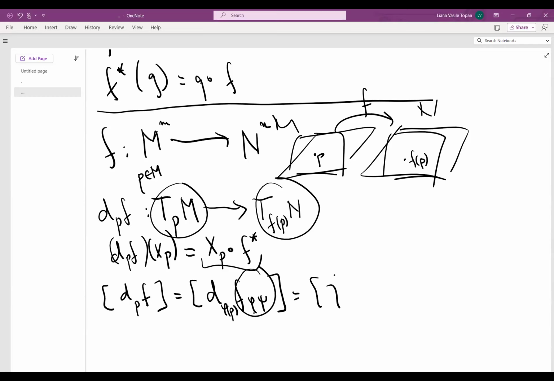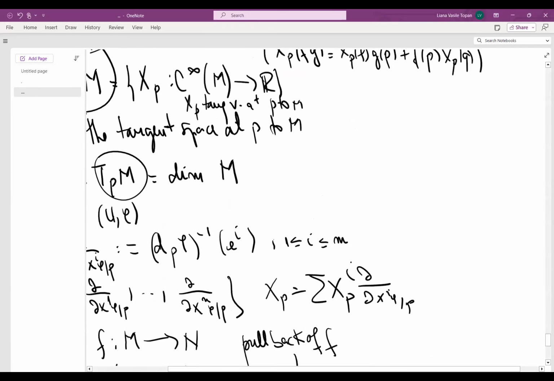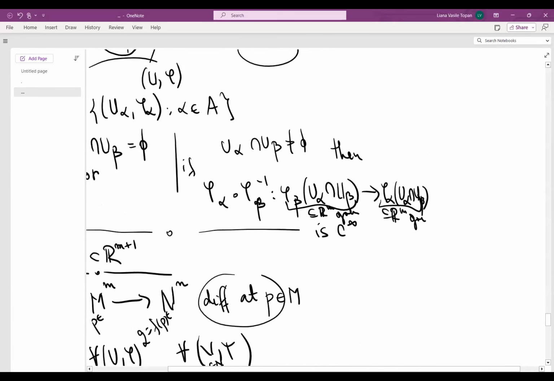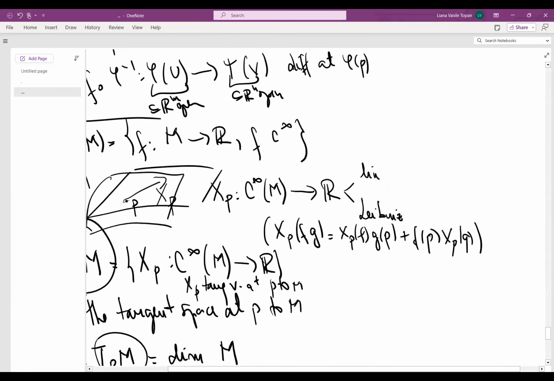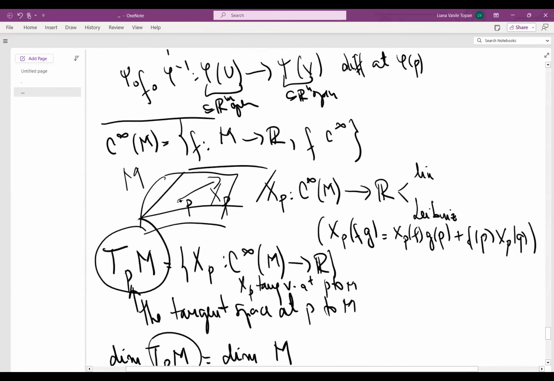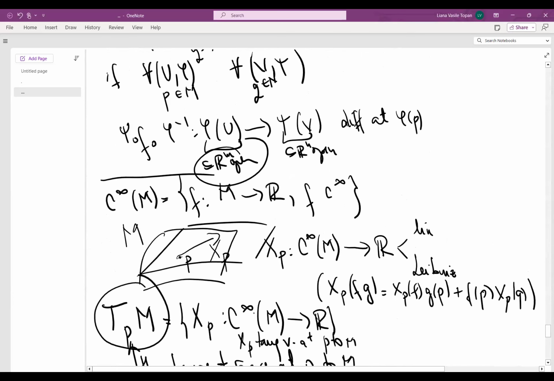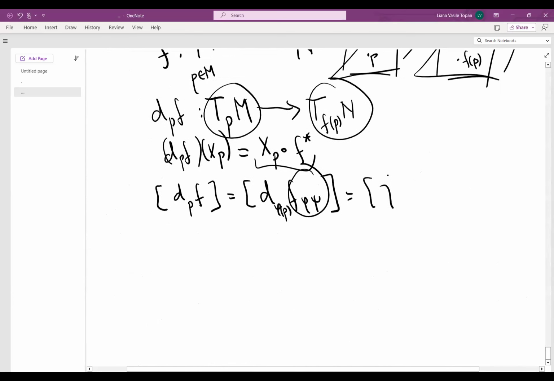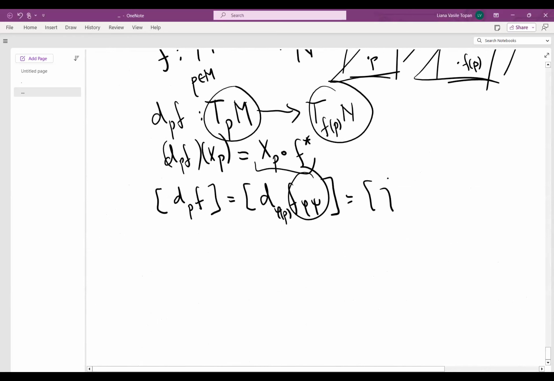This one, remember, is a map defined between Euclidean open subsets or Euclidean spaces. So it's clear what the Jacobi matrix is, the matrix of partial derivatives of this function at phi of P. Right, and we saw yesterday some examples of matrices for differentials.